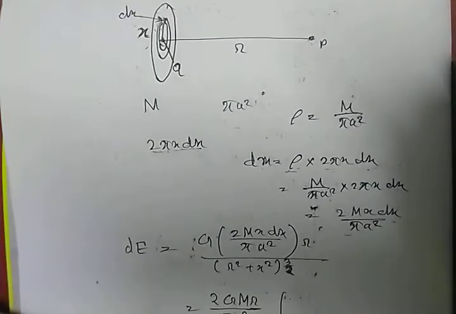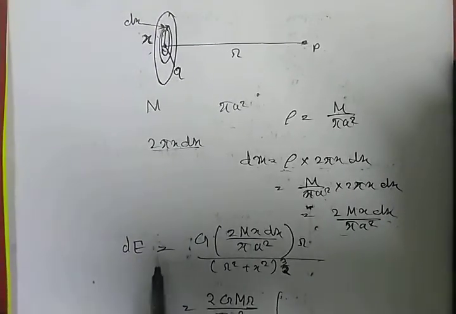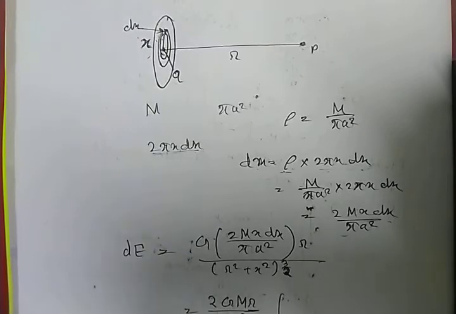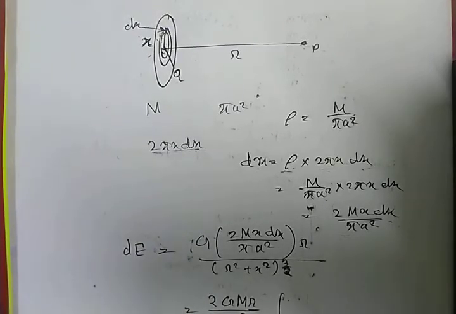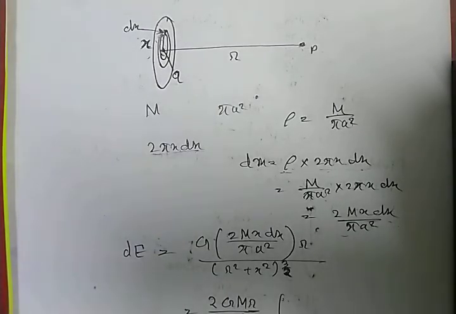We know from the previous video that for a uniform circular ring, at a distance r from its axis, the gravitational field becomes G m r by (r square plus x square) to the power 3 by 2, where x is the radius of that ring and r is the distance of the point from the center of that ring.